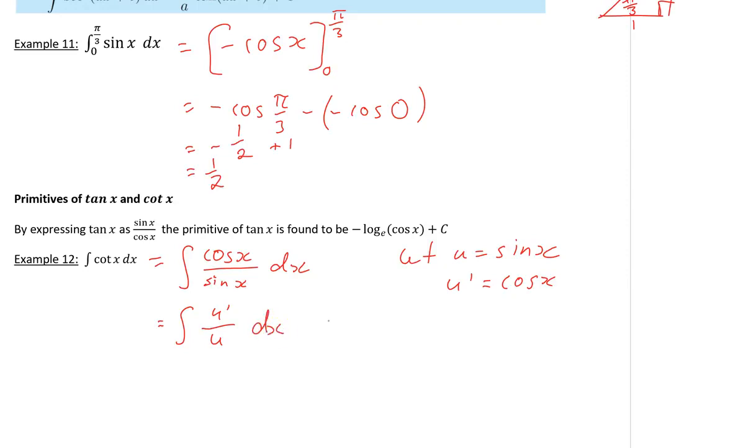Do you remember that if I've got the differential of a function over a function, then that is equal to the natural log? So log base e of u prime on u, of cos x on sine x.